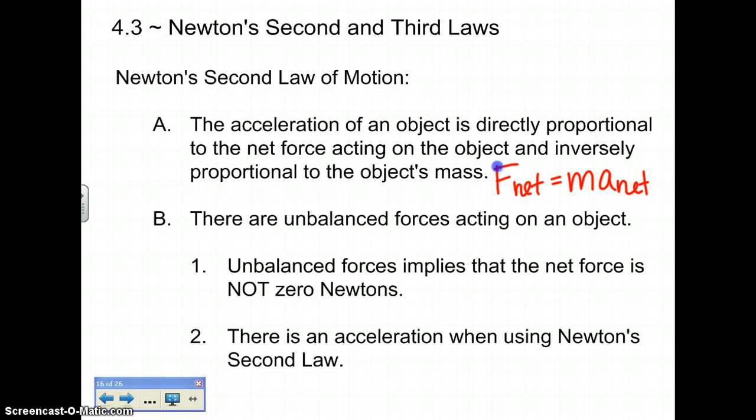Also, you know how in the first law it said law of inertia is another name for Newton's first law? F equals ma is another phrase or name for Newton's second law of motion. So what we're looking at here is, if F net equals 0, that would mean that there's balanced forces working on the object.